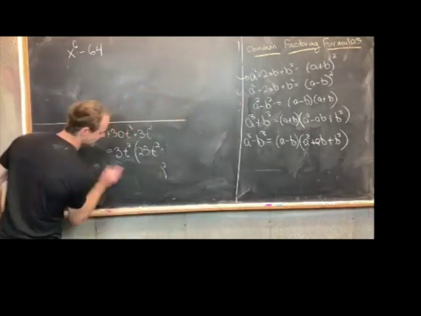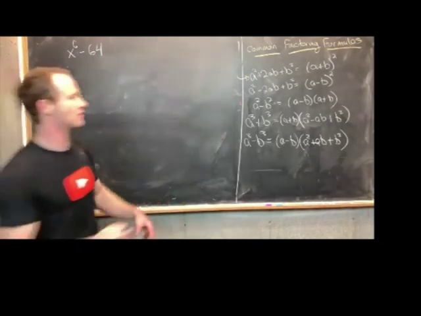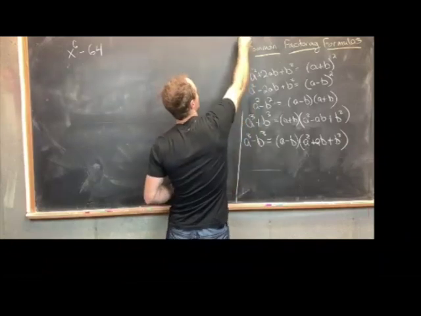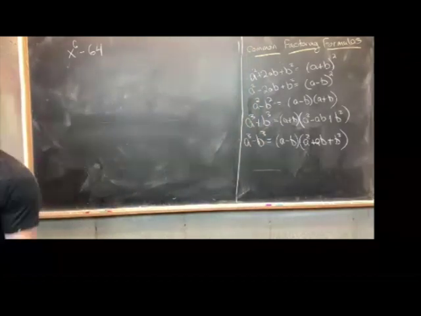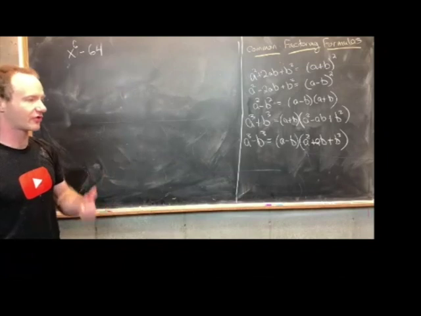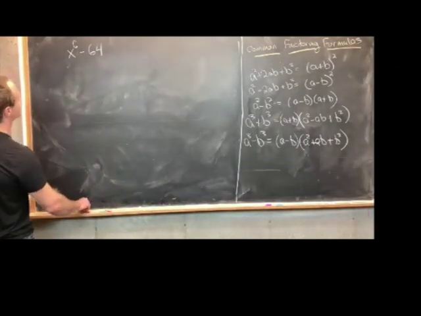So you may look at this and say, oh, I've got a 6th power there, but there are no 6th powers over here in our list of common factoring formulas, but that's okay, because I know by exponent rules, a 6th power can also be viewed as a 3rd power and as a 2nd power. Let's maybe go ahead and write that over here.